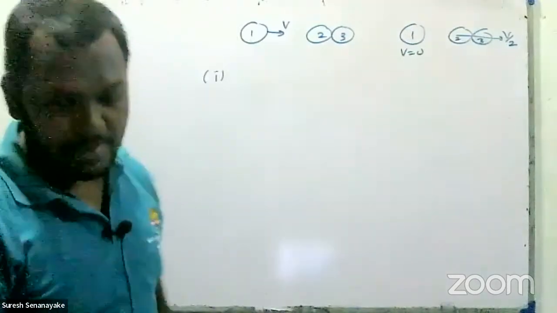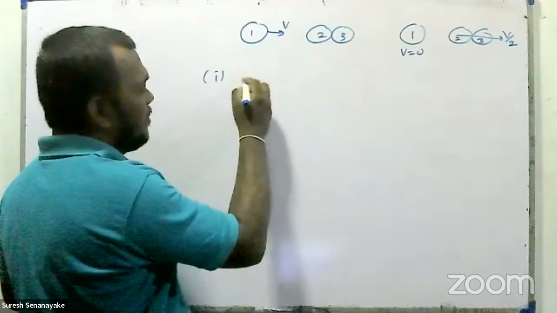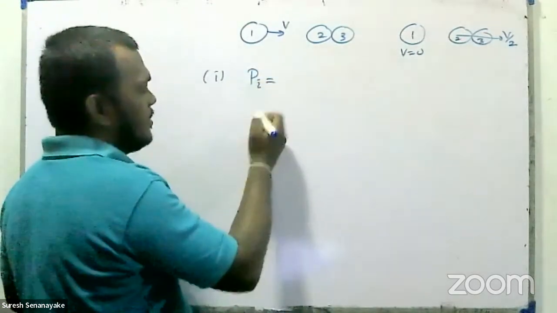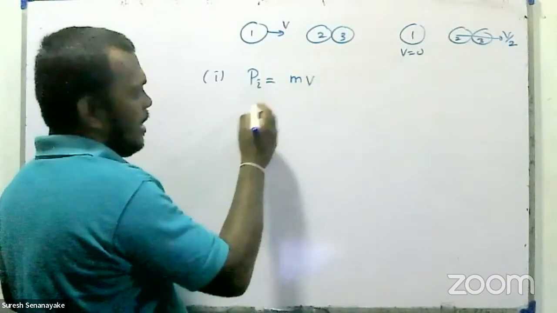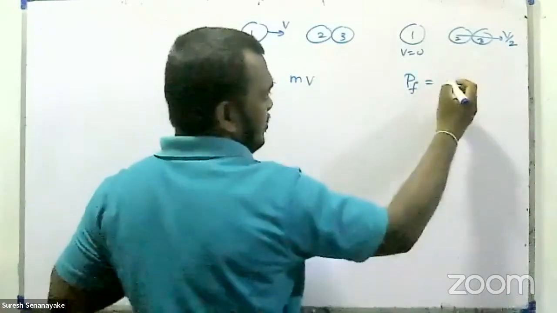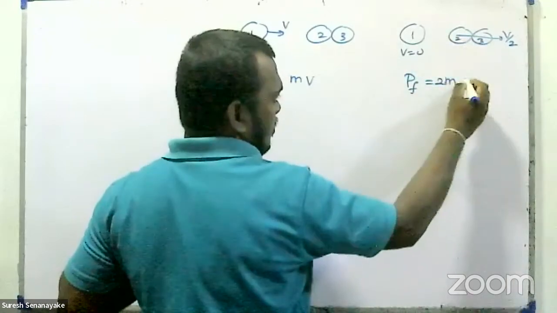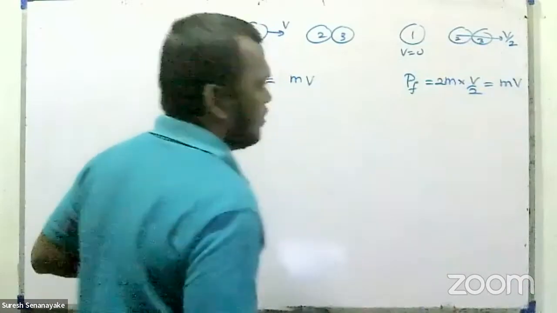Both should be satisfied if it is an elastic collision. The initial momentum of the system is m times v, and the final momentum of the system is 2m times v over 2. So the momentum is conserved.